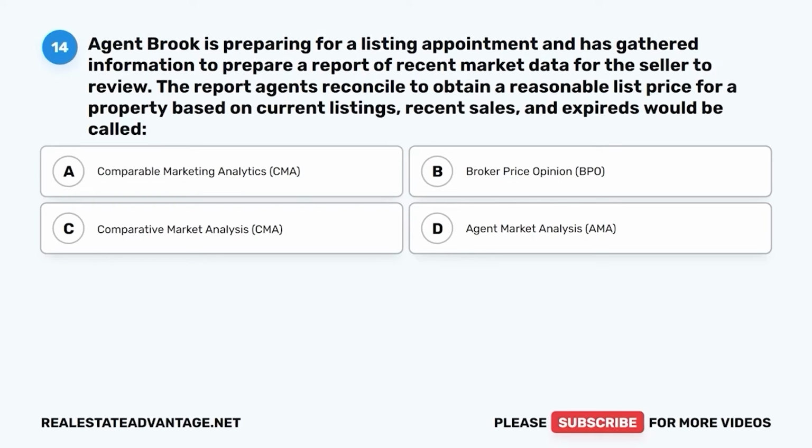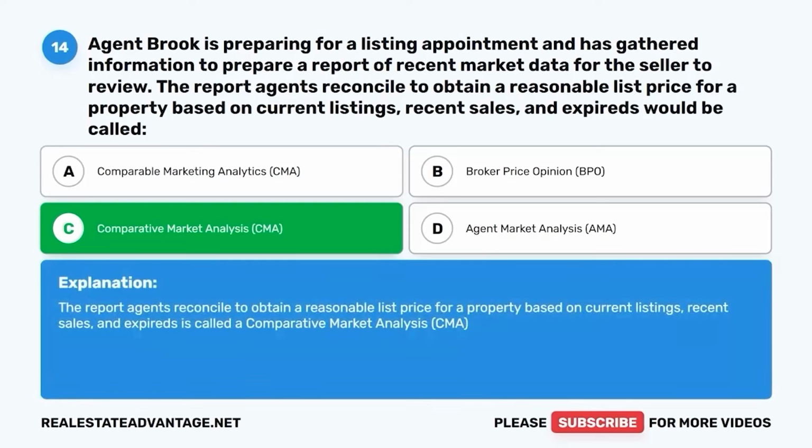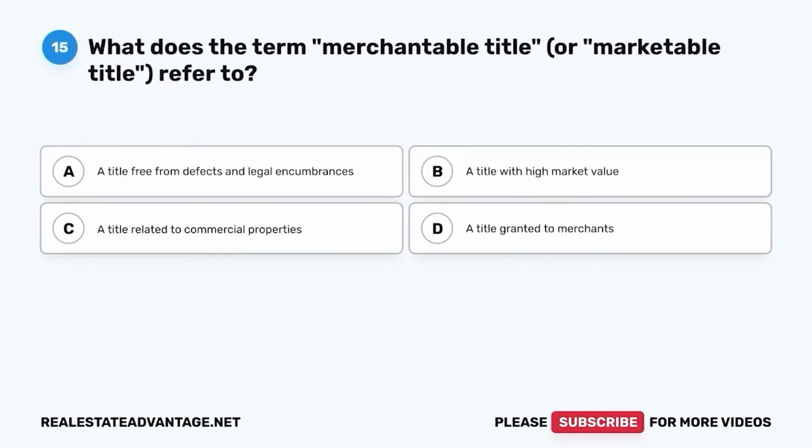C. Comparative Market Analysis, CMA. D. Agent Market Analysis, AMA. The correct answer is C. Comparative Market Analysis, CMA. The report agents reconcile to obtain a reasonable list price for a property based on current listings, recent sales, and expireds is called a comparative market analysis, CMA.